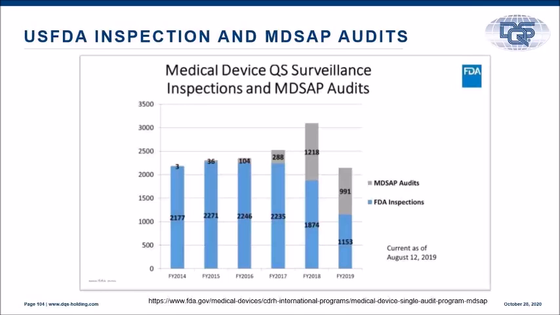From 2017 to 2018 itself, there is a drop in FDA inspections, and then the number of MDSAP audits has gone up. That is an advantage which the regulator also sees, to keep a tab on the manufacturers, monitoring and effective compliance.